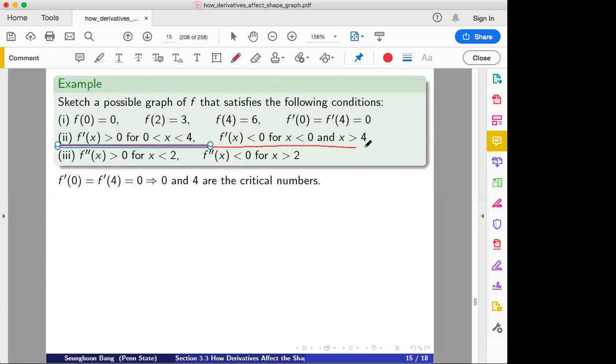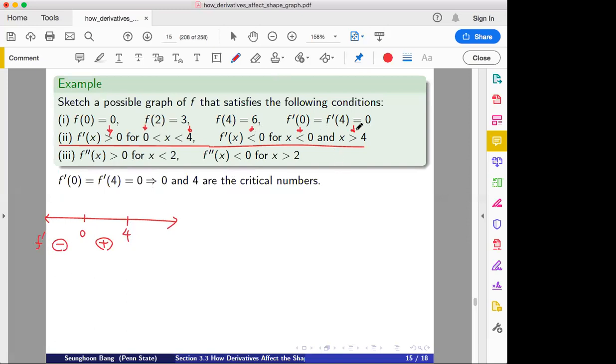So what does the graph look like? We have 0 and 4. For x between 0 and 4, f prime is positive. For x less than 0, the first derivative is negative.